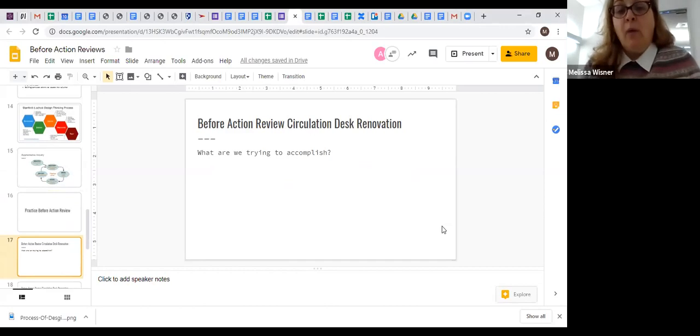And the way I thought that might work is, again, I think on Wednesday, I emailed to the list a bit of background information about building renovation, which might equate to the amount of information you would know going into something as a stakeholder, and that we could just walk through the questions and, again, just sort of get the feel for how you might do this. Do folks want to try that, or do you want to keep talking?